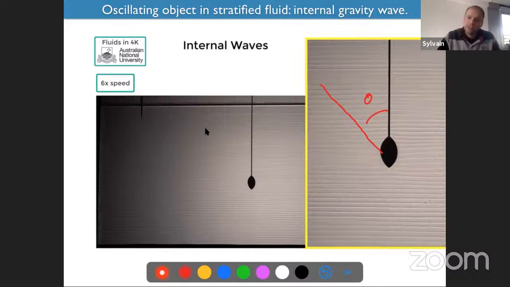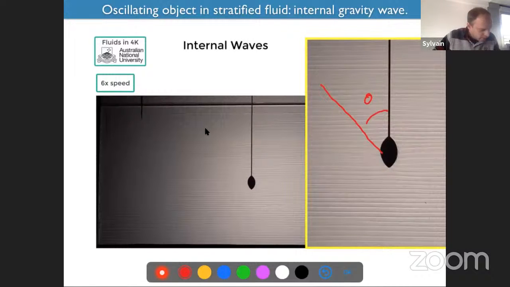In the dispersion relation that you have seen, omega equals N sine theta, theta means the direction between the vertical and the phase velocity, and in internal waves, phase velocity and group velocity are orthogonal. And when I write it with this direction, you have a cosine. It's just a matter of the direction.